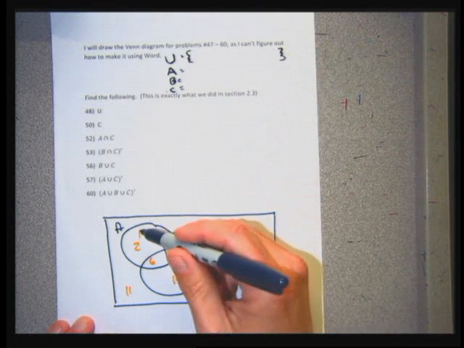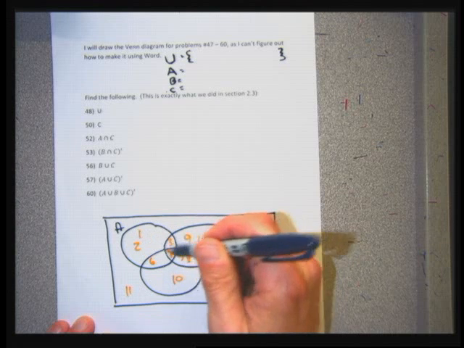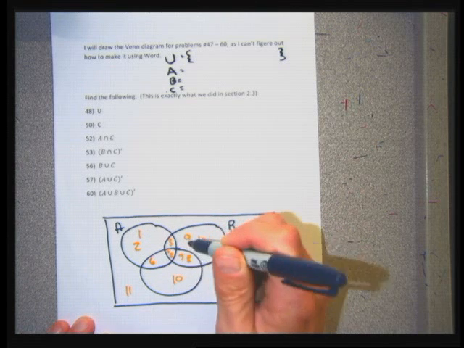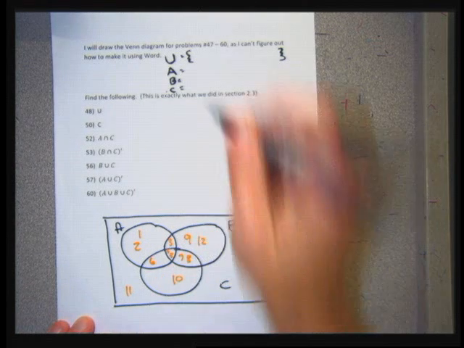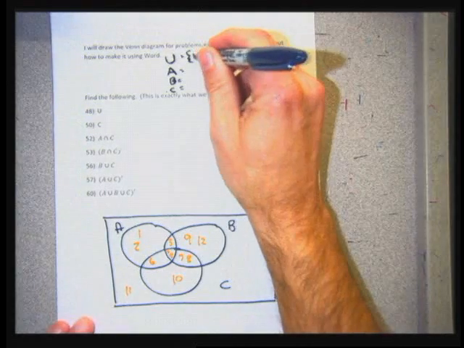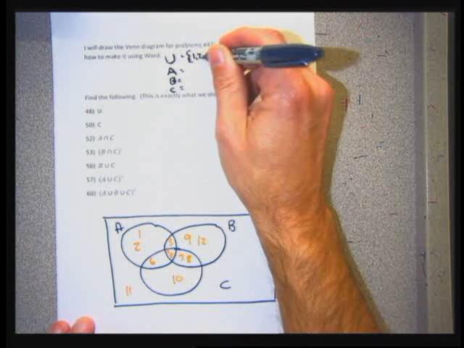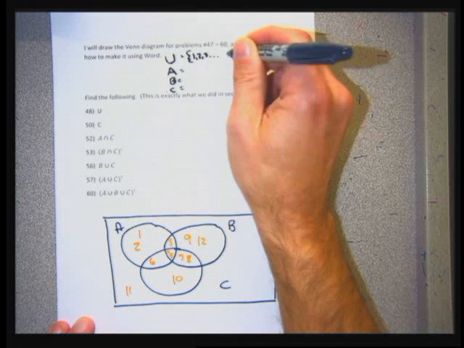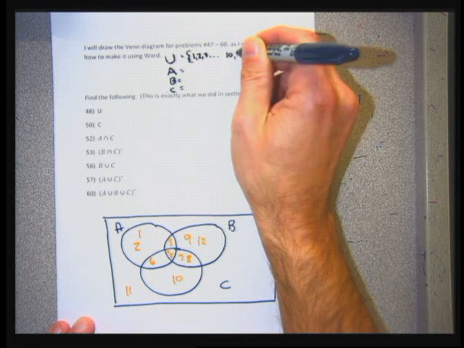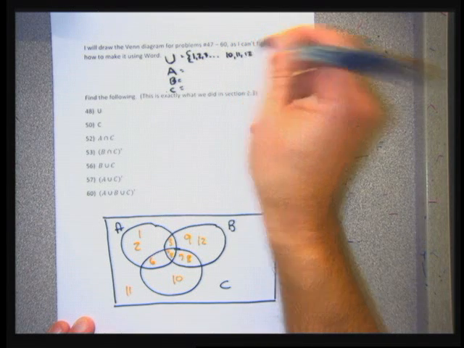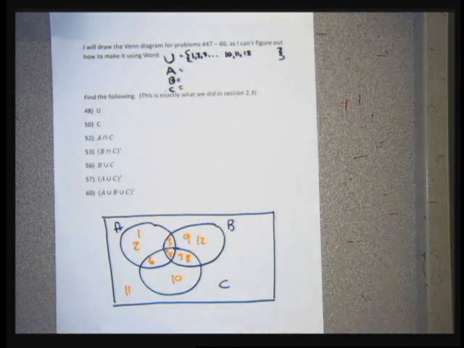But I see the numbers 1, 2, 3, 4, 5, 6, 7, 8, 9, 10, 11, and 12. The numbers that make up the universe in this problem are the numbers 1 through 12. So U are the numbers 1 through 12.